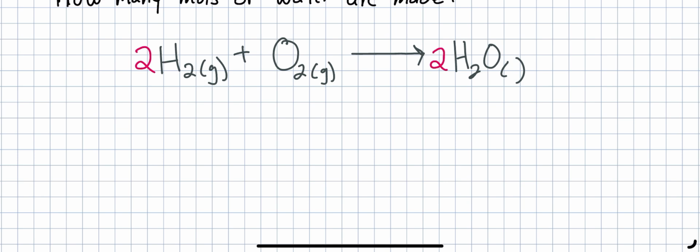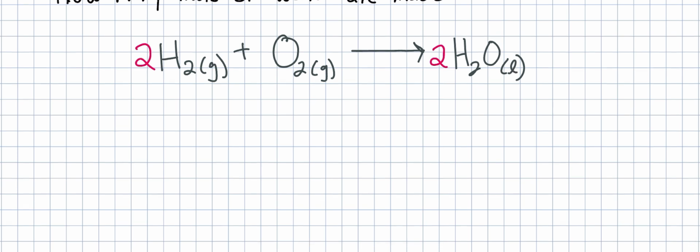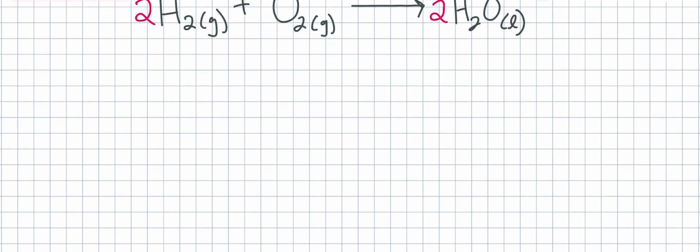That's all well and great. However, we don't know which one's going to run out first. So for example, let's say that in a real-world scenario, I have a few hydrogens, I'm just going to randomly write however many.